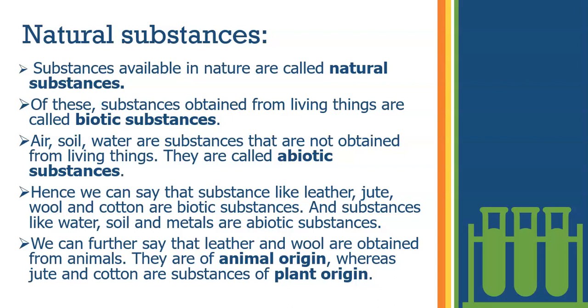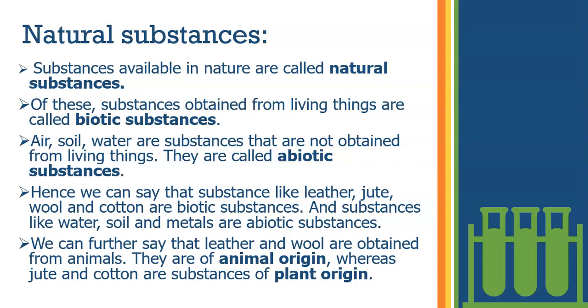Silk, my dear students, is prepared from the cocoon of a silkworm. You'll study about it a little later in higher classes maybe. So right now you just have to remember that another substance which we get from animal origin is silk. Whereas jute and cotton are substances of plant origin.